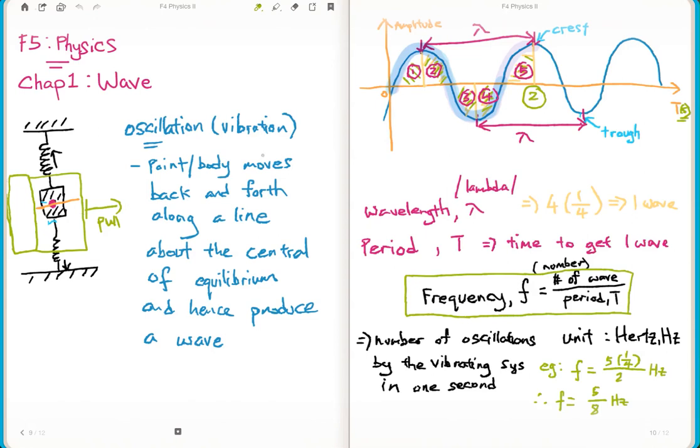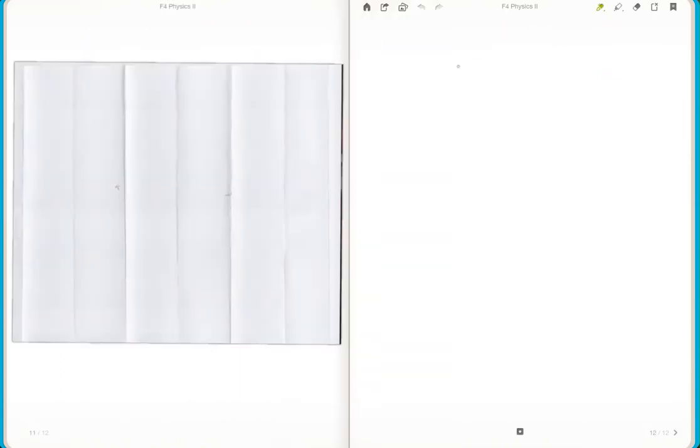It pulls this paper, and this is the trace of the wave. Now, if it were on water droplets, drop water on it, then what you get here is actually the crest.